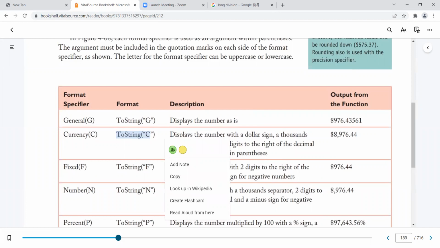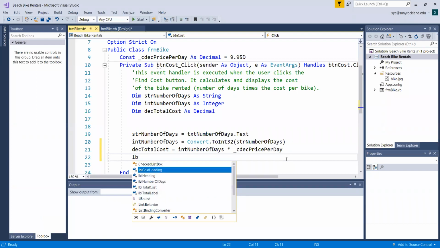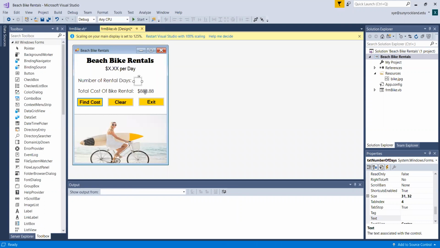So the next one, the last sentence we type will be the label, because we want to display right here. What is this one?